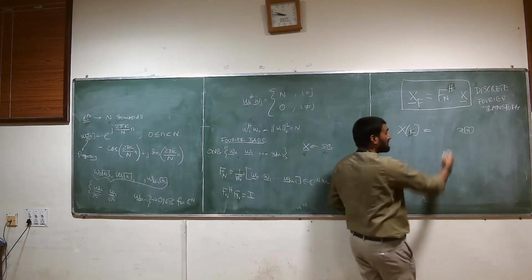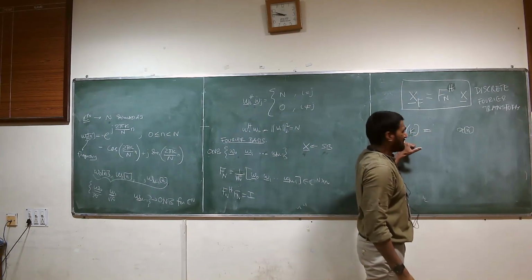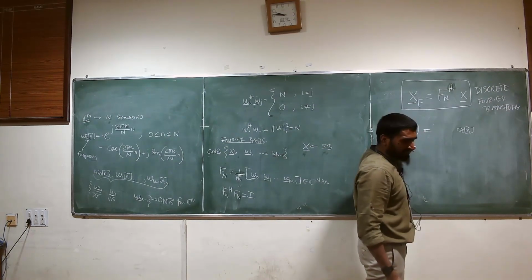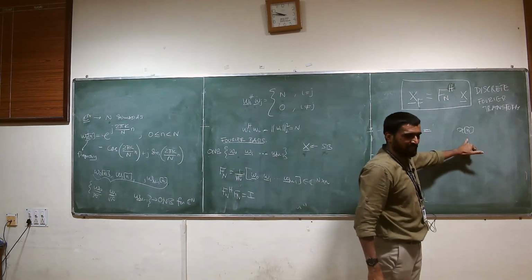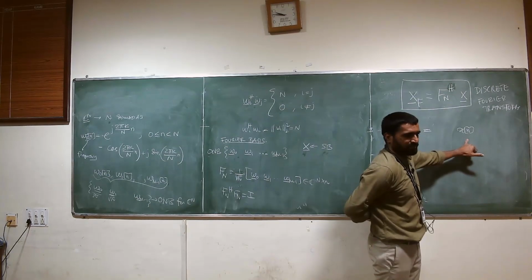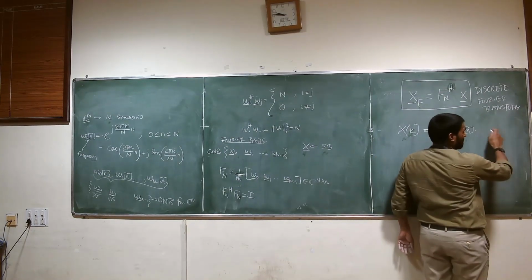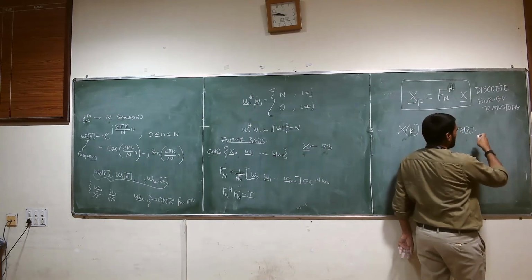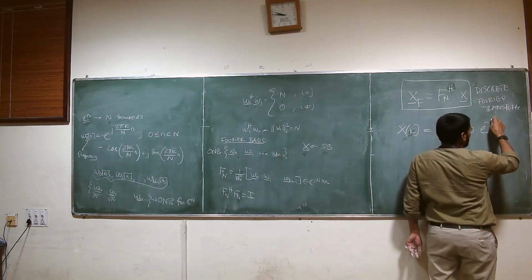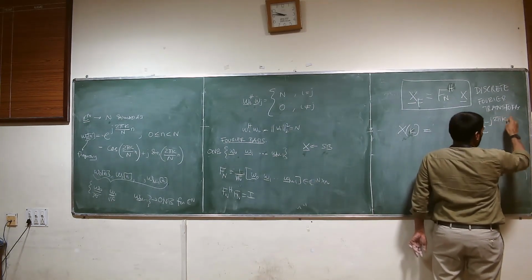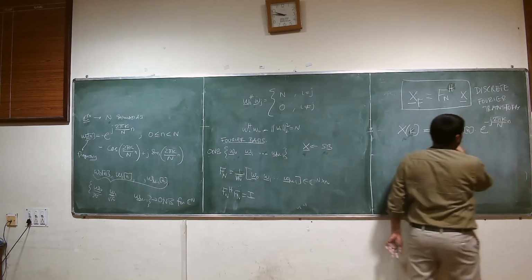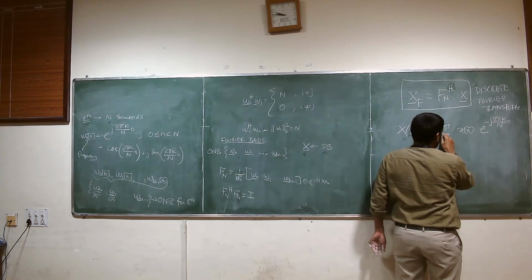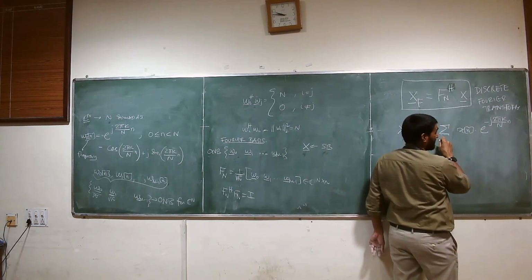How did we compute the kth frequency component of your DFT from your time domain signal? Well, in terms of complex exponentials, and here, is it k or n?